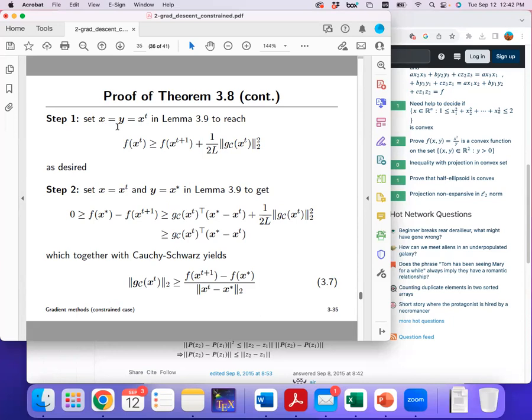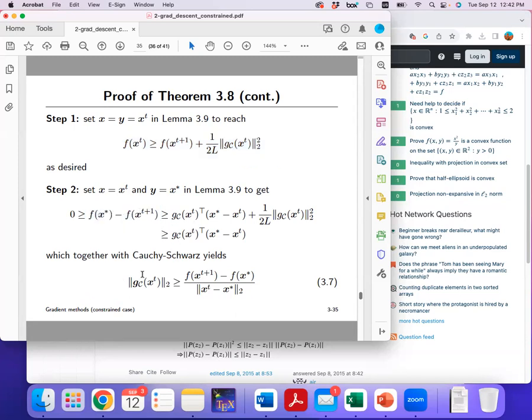If we choose x and y to be xt, then we will bound the progress on the objective function value between two consecutive iterations. And in step 2, we set x to be xt and y to be x star. We will get a bound on fxt plus 1 and fx star.